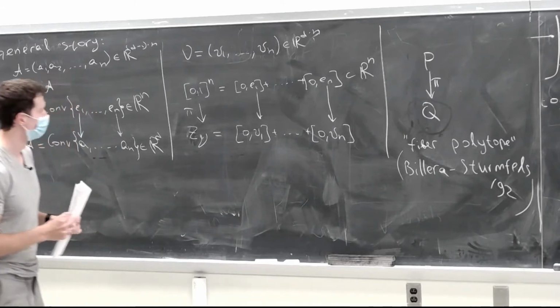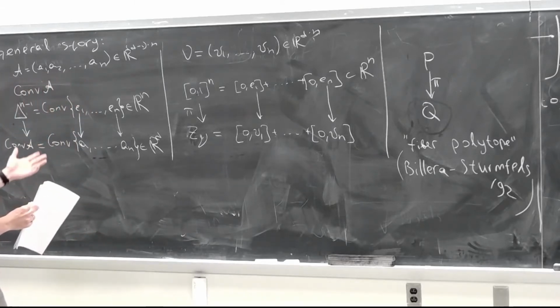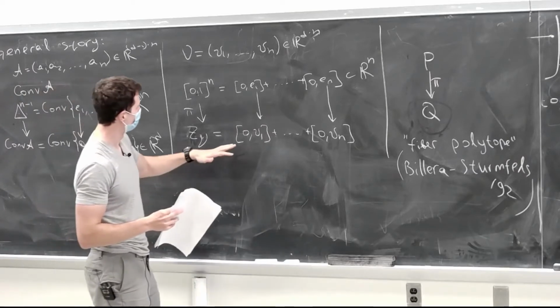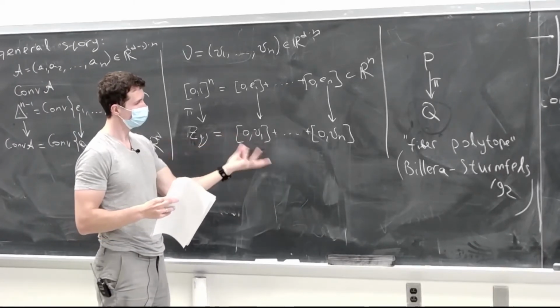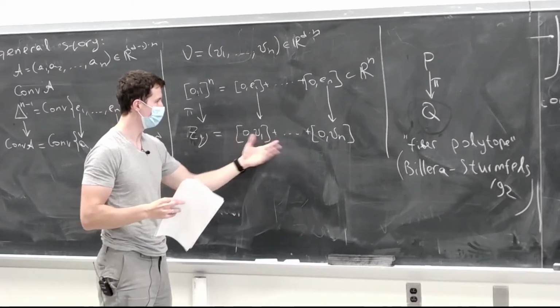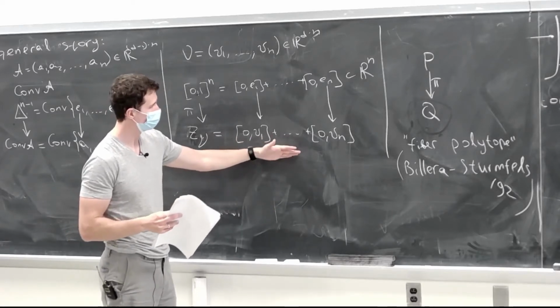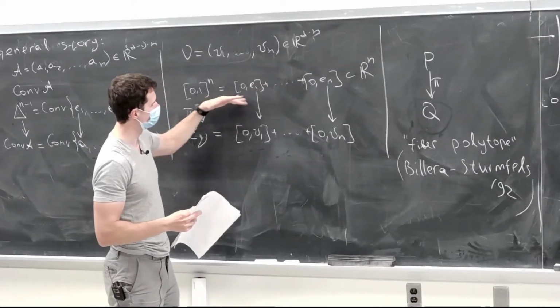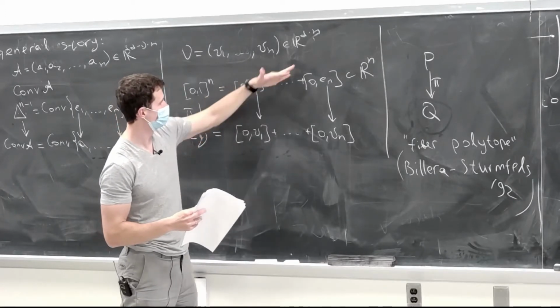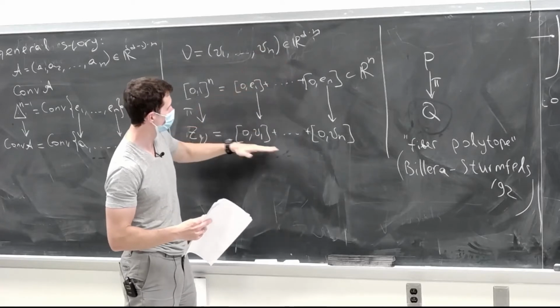You can think of it this way: a zonotopal tiling has zonotopes labeled by pairs of subsets, and these naturally label faces of the cube. So a zonotopal tiling is a certain subset of faces of the cube which projects bijectively onto the zonotope.